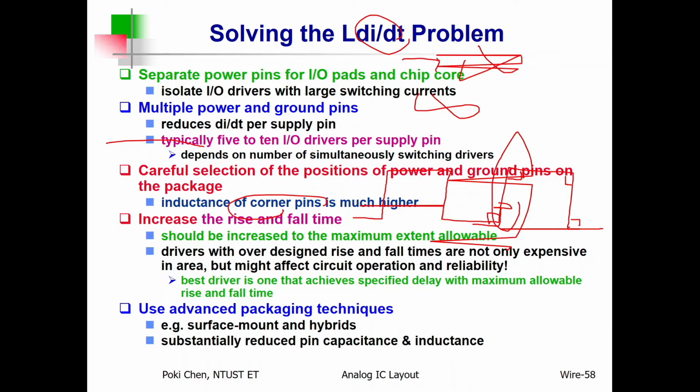If you would like to make such a sharp rise or sharp fall, it means what? It means you need a lot of power, a big current for that. You consume more power, more area, but you worsen the L dI/dt problem, right? It doesn't deserve it.